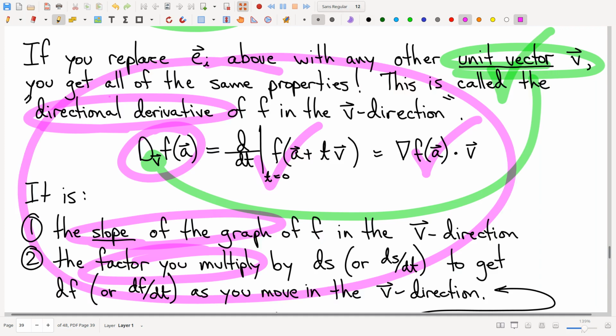Make sure to clarify if some engineering professor uses the term directional derivative. Ooh, hey, wait a minute. Do you mean unit vector or do you not mean unit vector? Just want to clarify. I know that people go different ways on this. Be prepared as well for them to be surprised by this.